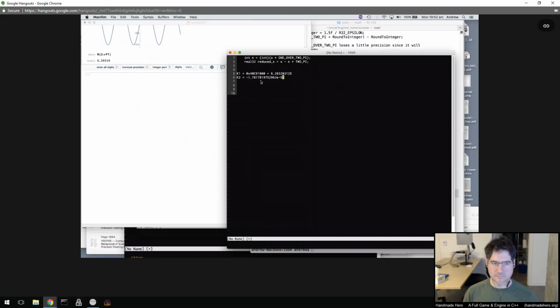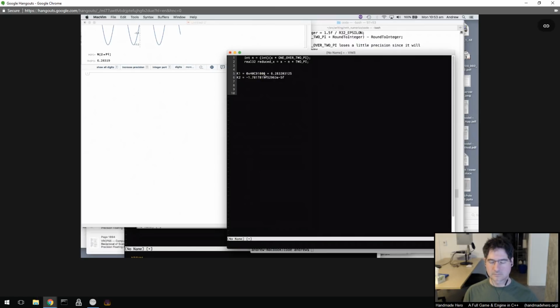This number is not special. This is 2 pi minus this number. But this number is special because it looks like it's close to 2 pi, but it has this representation in its bit pattern. The thing that I want you to see is all these zeros at the end.